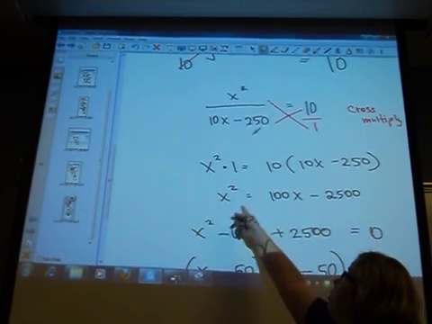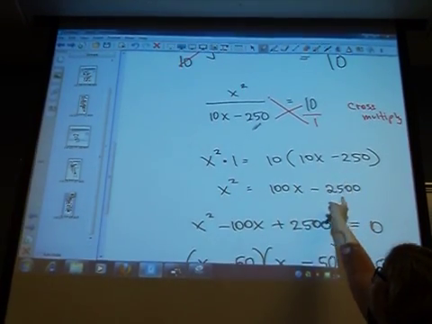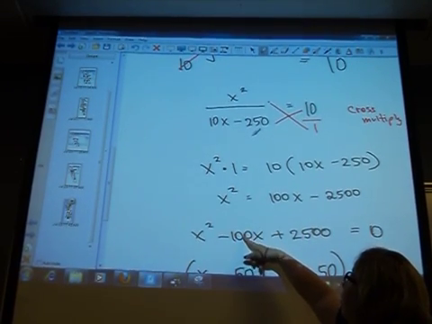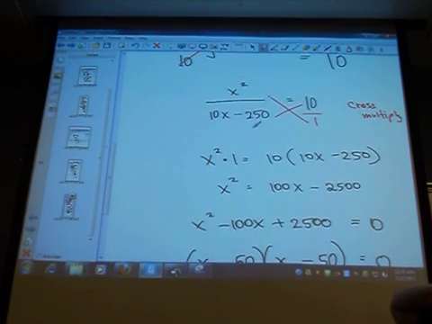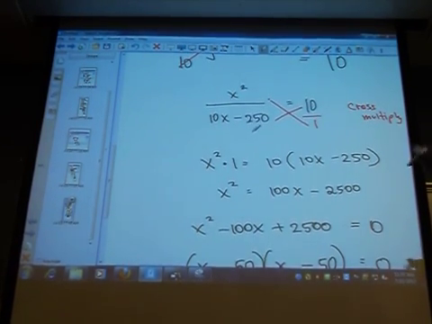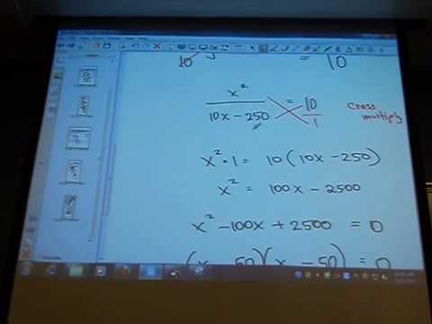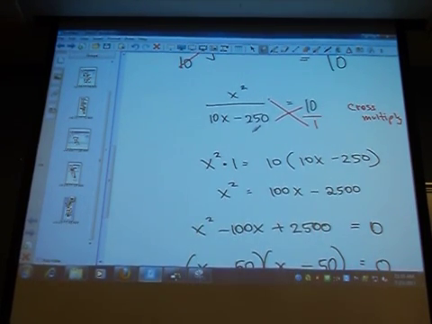The 10x minus 250, that's underneath the 2x, x squared. Yes, three equations up. How do I know to cross multiply there? How do I know to take the 10x minus 250 and move it to the right side of the equation?